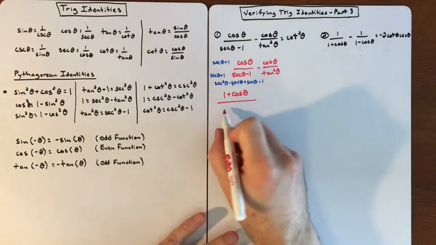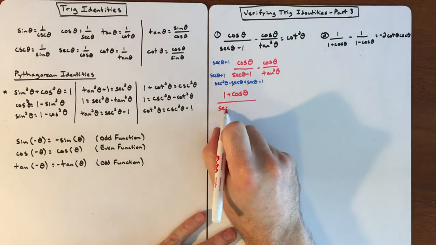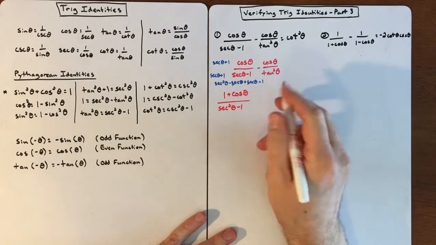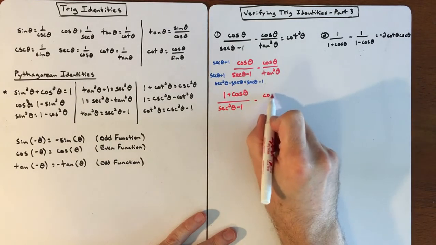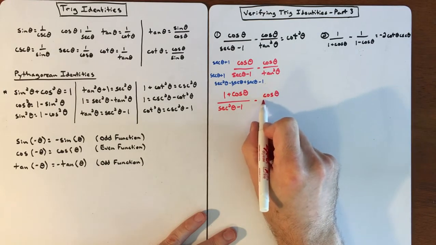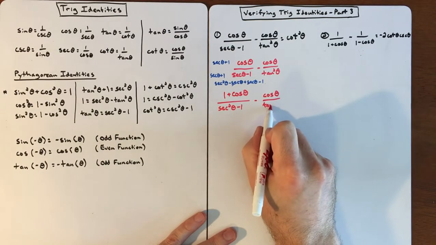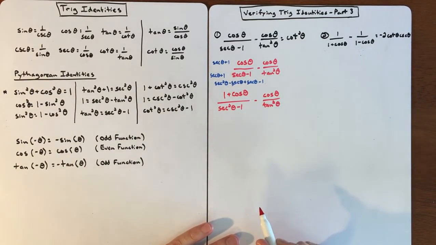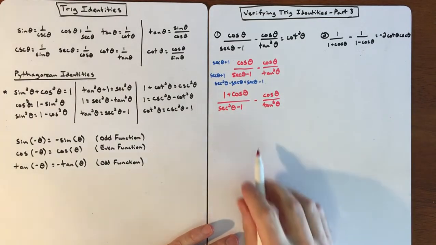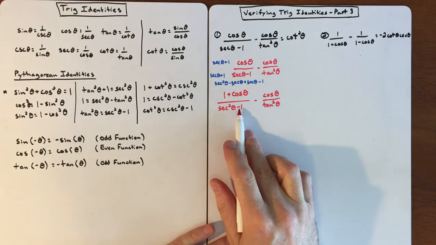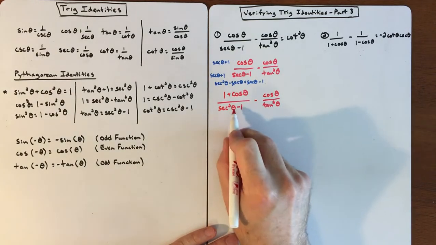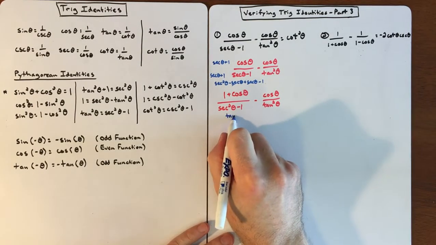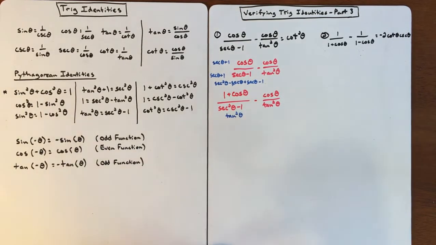And then minus our cosine theta over tangent squared theta. Okay, so if I start to put that together, I have secant squared minus 1 is tangent squared.